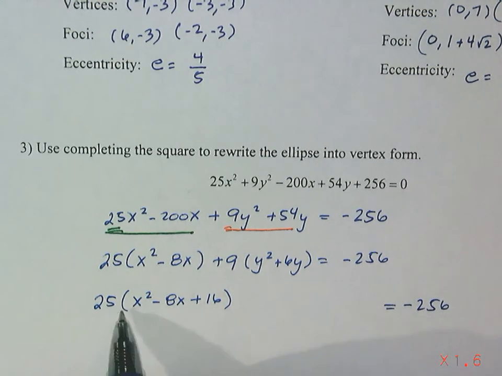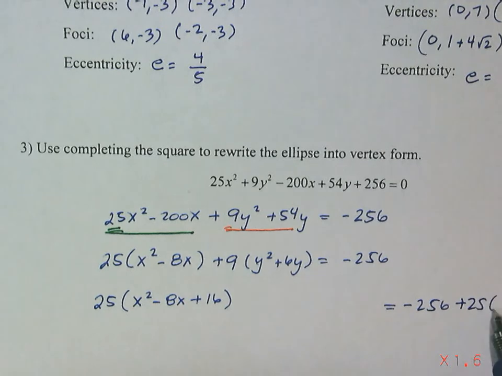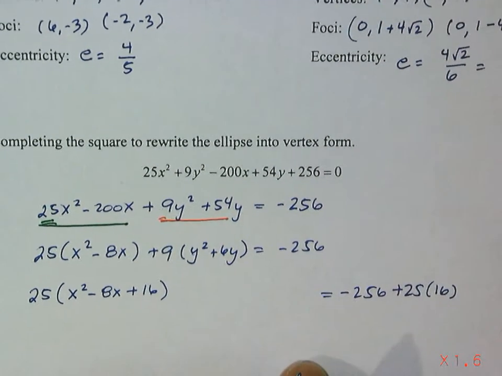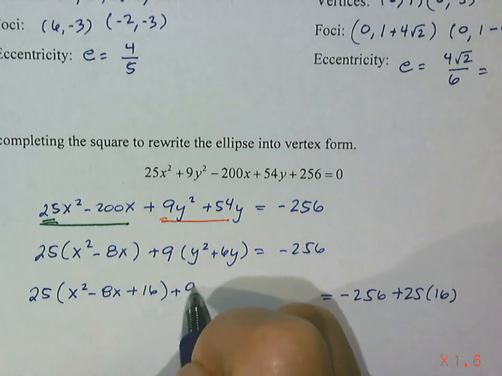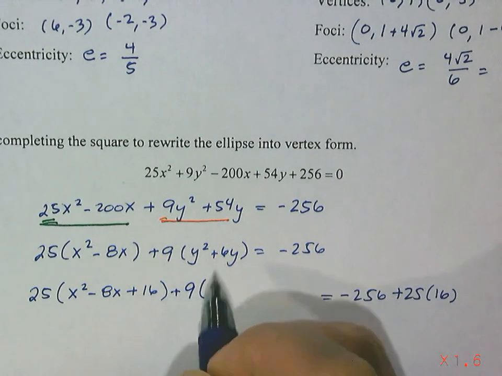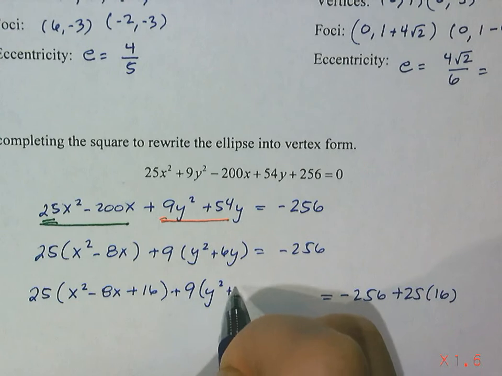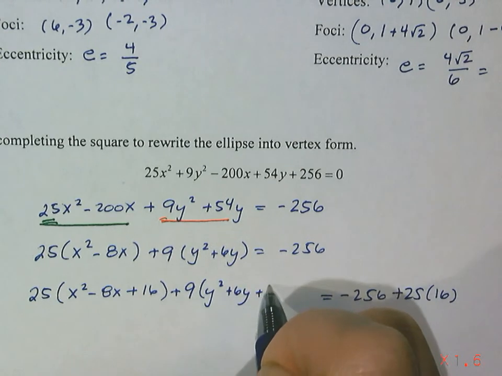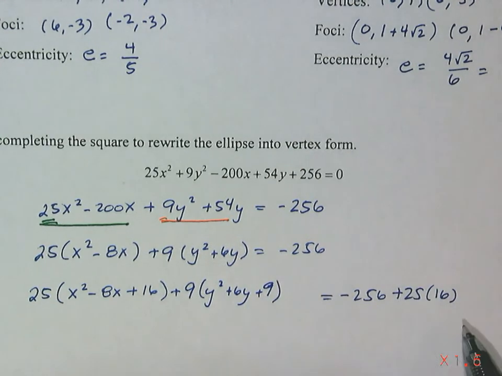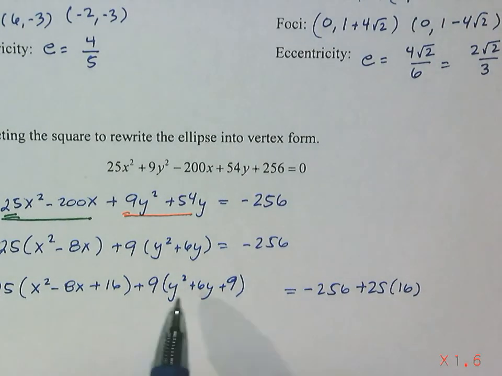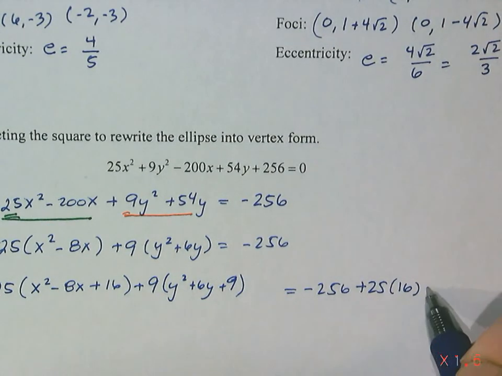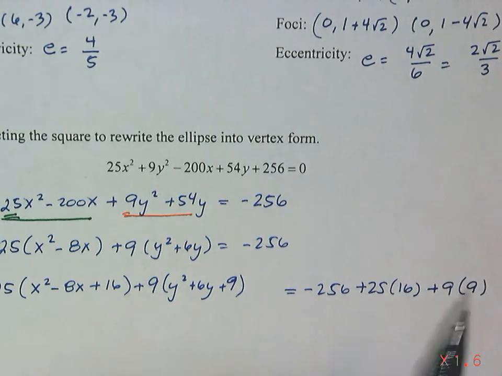I added 16 multiplied by 25, so I have to make sure I do this on that side. Half of 6 is 3. When I square 3, I get 9. So I added 9 here, but I multiplied it by 9. So I'm going to have to add 9 times 9 here.